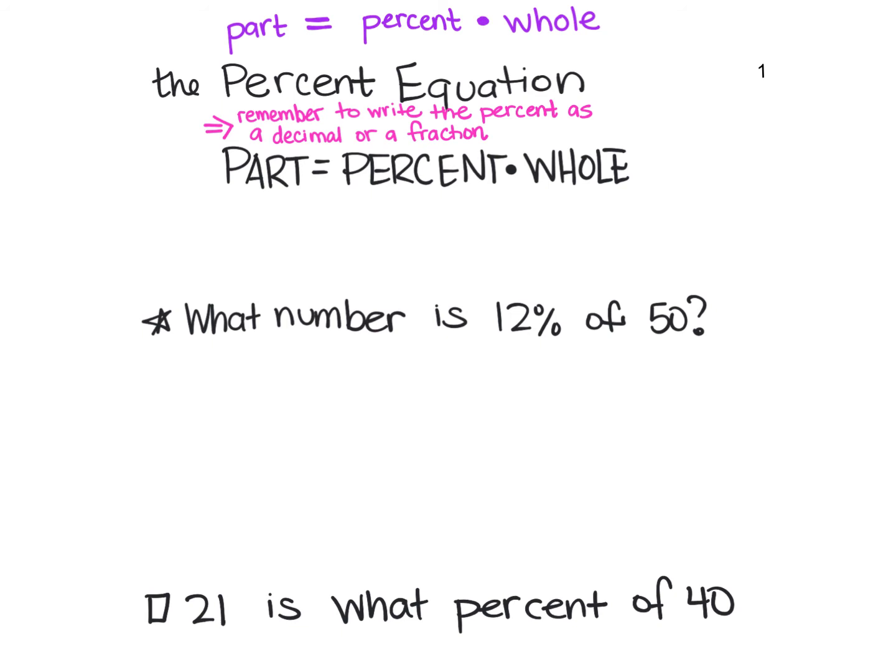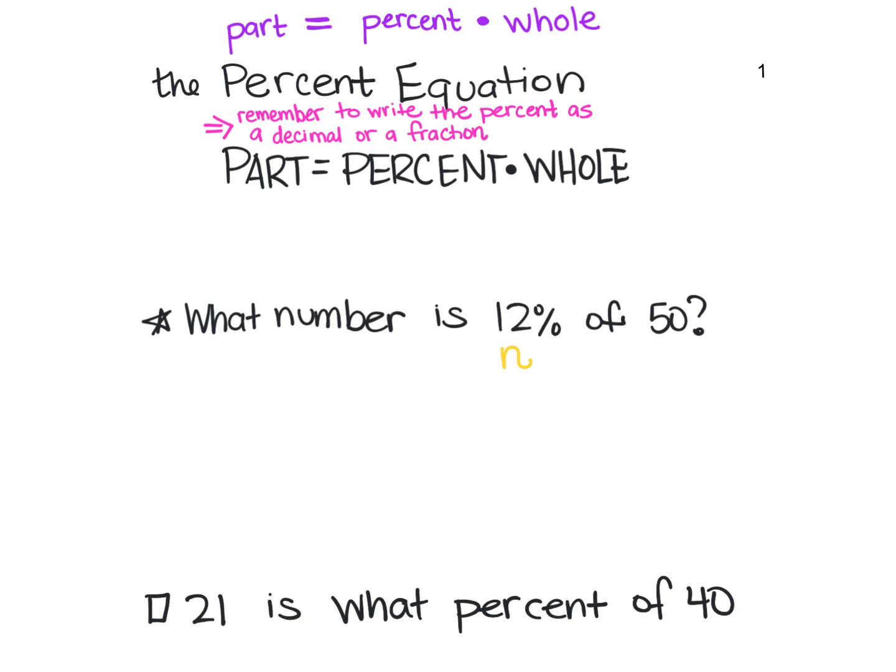So the first one, what number is 12% of 50? The very first thing that I do is start with the percent because it's usually the easiest one to pick out. We're going to use n as our variable for percent, p for part, and w for whole. So the question is 50.